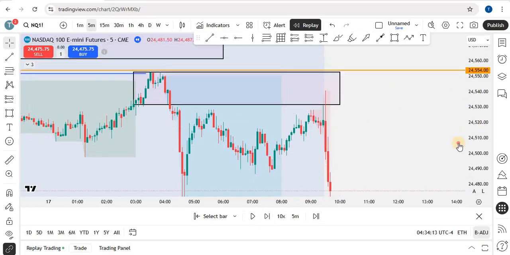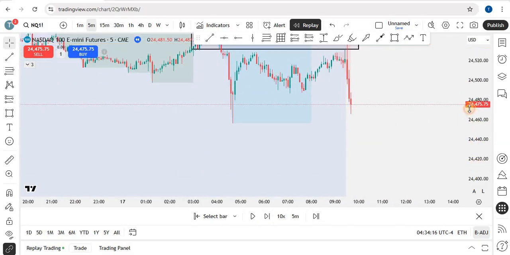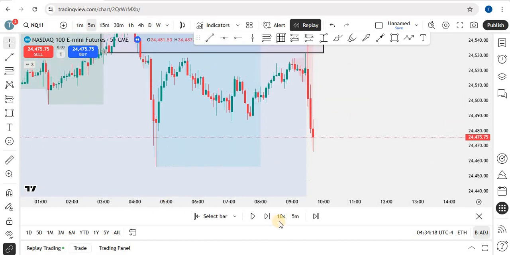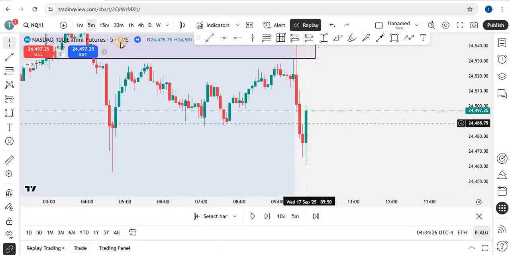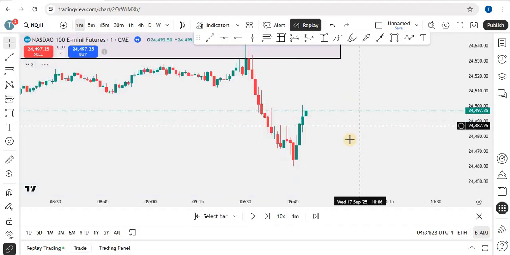Market came and it will give you a reaction. Now here I want to show you how I trade with macros with all these concepts.